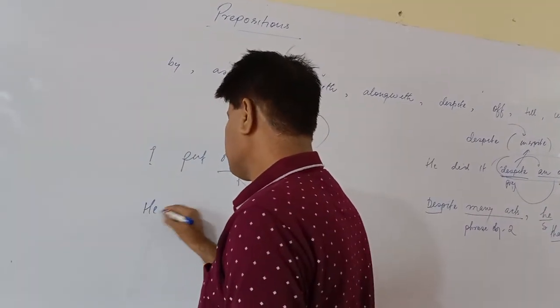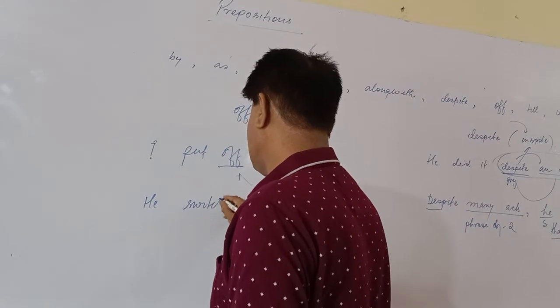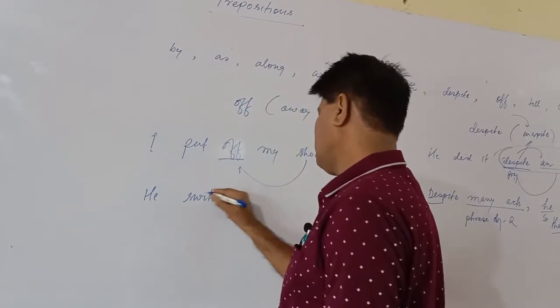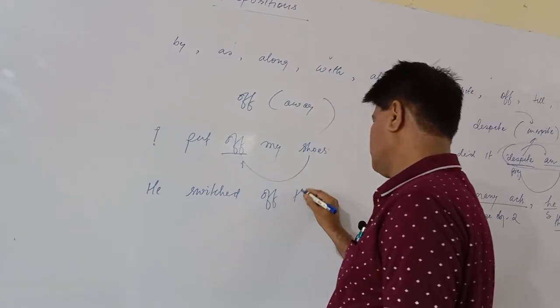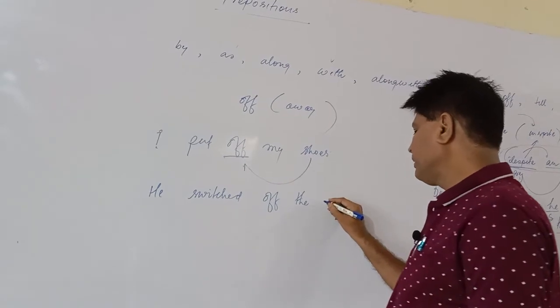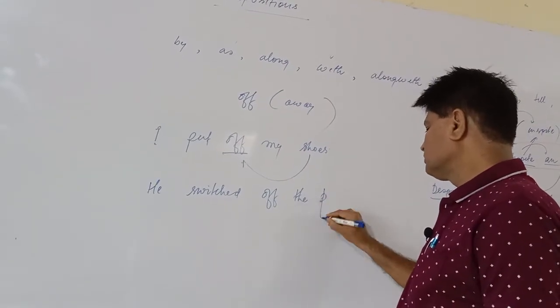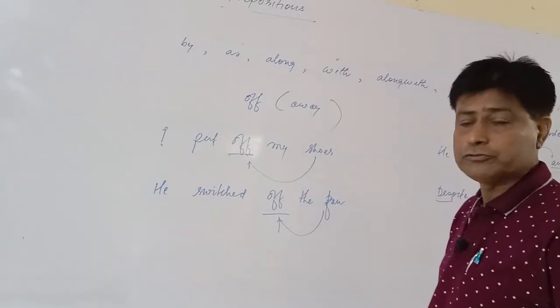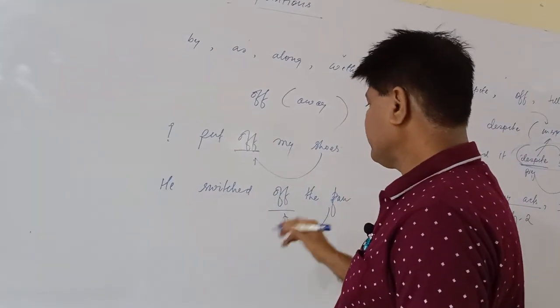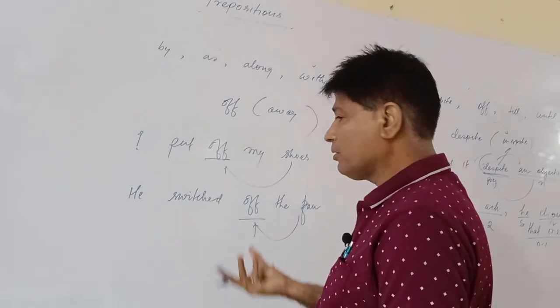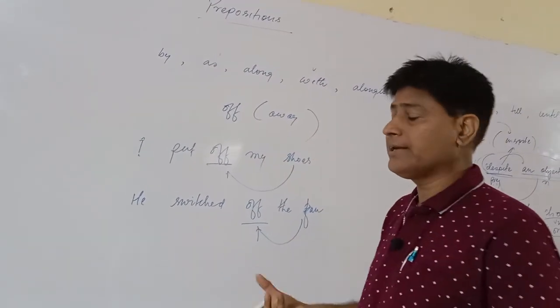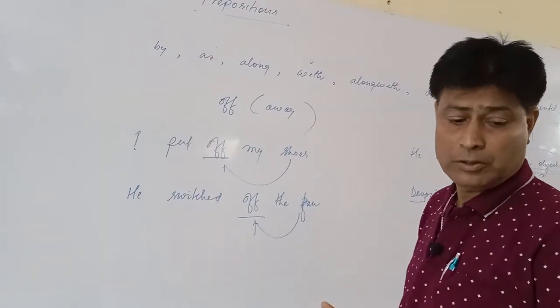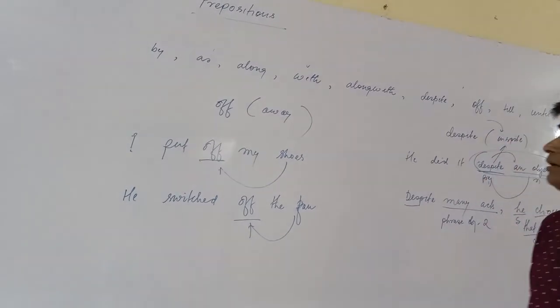He switched off the fan. On the fan will be starting and off the fan will be off. Clear? So in the case of when you are not starting or ending, then it becomes off for you. Thank you very much for learning off.